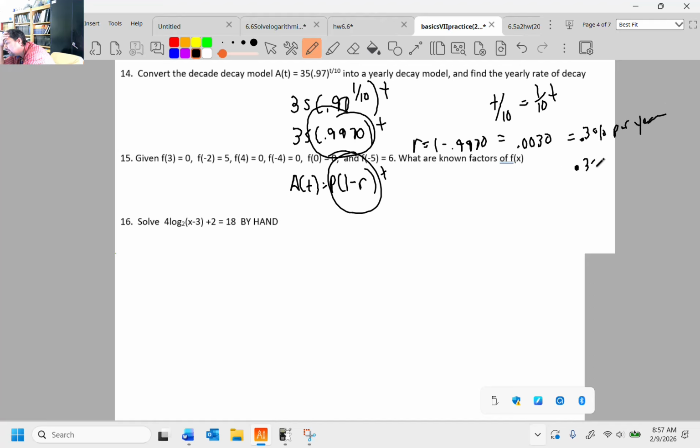Sorry, I should say 0.30% per year, because those are rounded numbers. Ta-da! If you can't do this, push buttons on a calculator or something, kids.